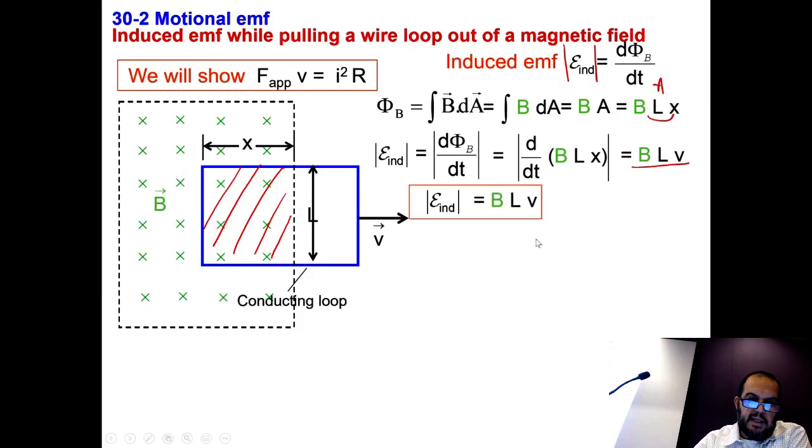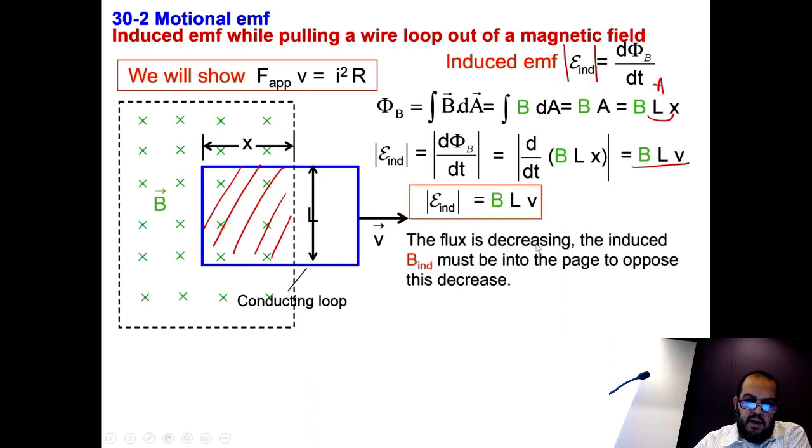Now, let us try to determine the direction. Since we're pulling, the flux is decreasing. The field B is into the page, and we're reducing the flux because the area is getting smaller.